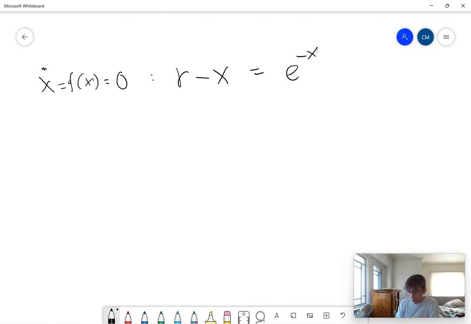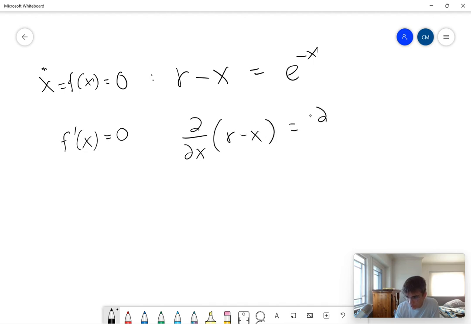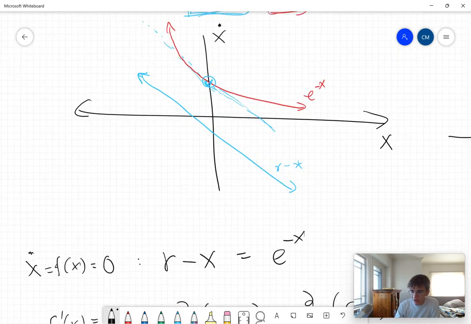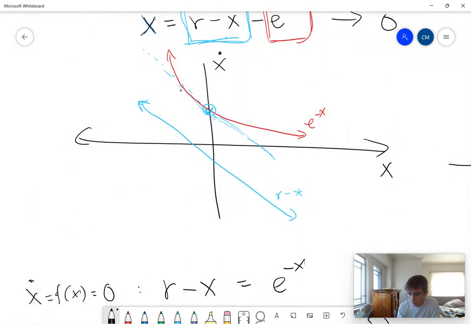And then I also require that f prime of x equals 0, which is essentially the same thing as saying the partial with respect to x of r minus x equals the partial with respect to x of e to the minus x. And notice here, that's corresponding to the fact that we know that these lines are going to have to intersect tangentially. And that's just due to the smooth nature of e to the minus x.